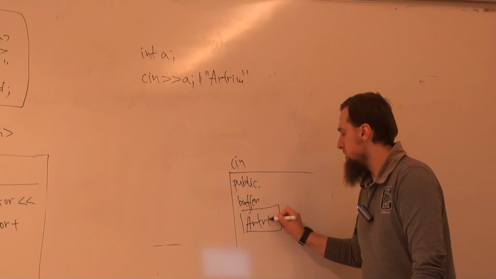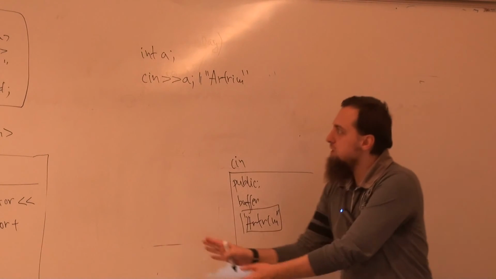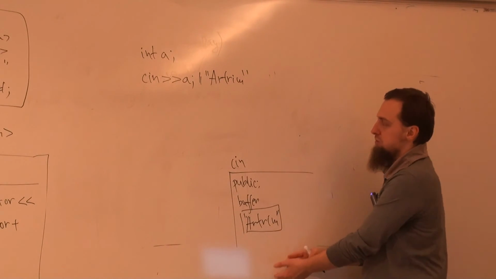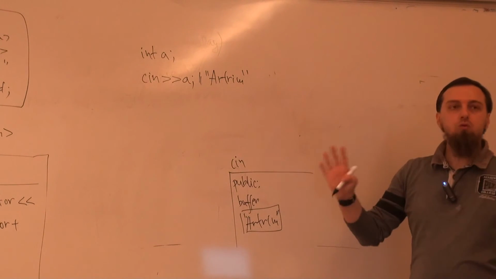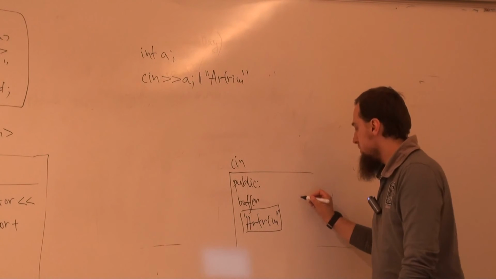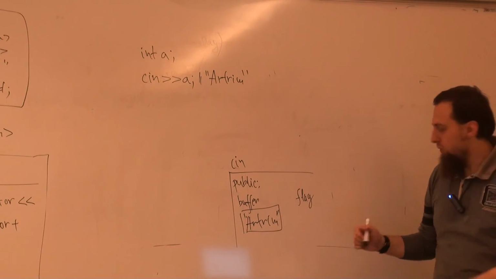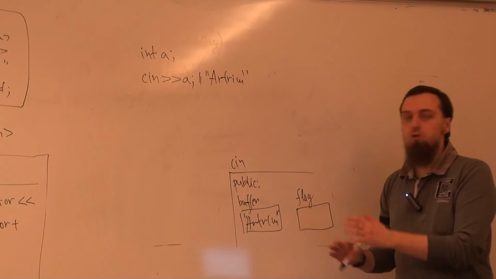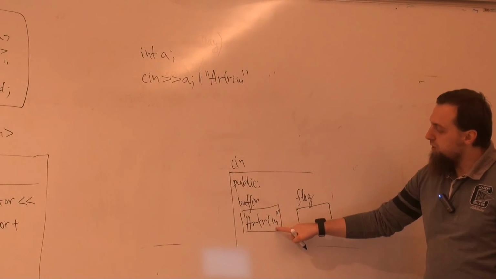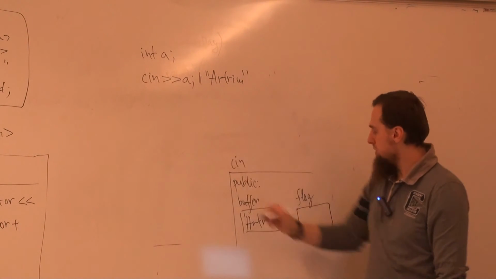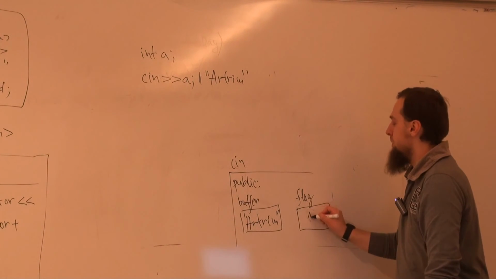The input of the user is going to be put to a buffer, and at the moment when we are trying to transfer this input to this variable here, we will see a mistake. So there is something else called the flag. Again, I'm not sure about the exact names. I'm telling how it works. This flag is either 0 or 1. If everything is okay, then it's going to be 0. But when I'm trying to put this r3 to an integer, this flag was initially 0, but now it's going to be 1.